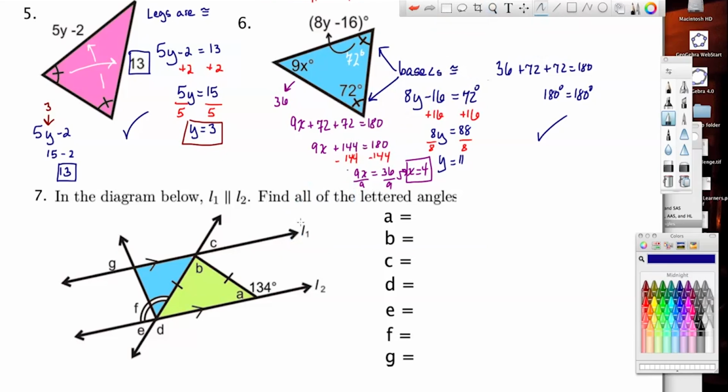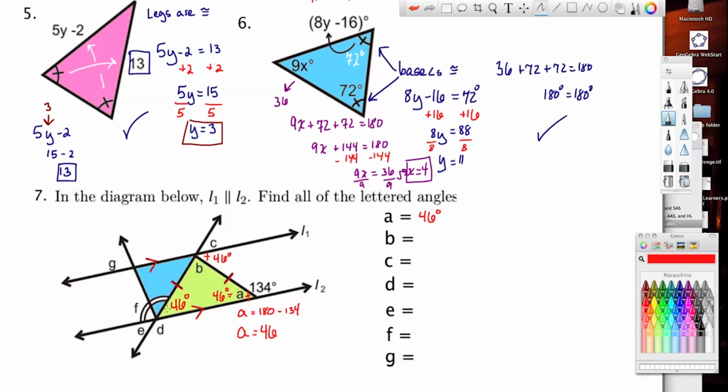Now, number 7, we've got L1 parallel to L2, and one angle given is 134, and we have two congruent sides. We can puzzle this out and find it any way we want, but I know that A and 134 is a linear pair, so I can just subtract 134 from 180.